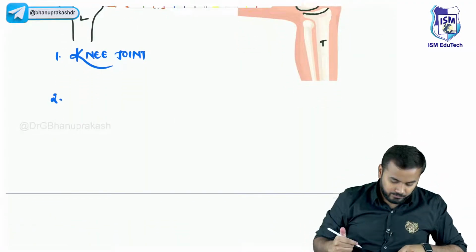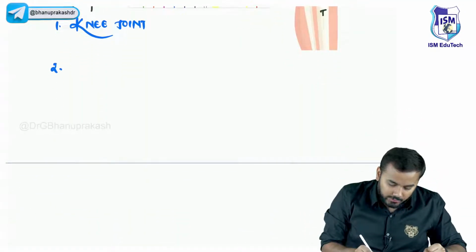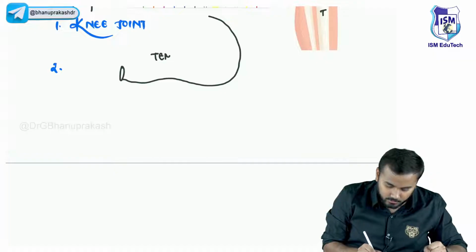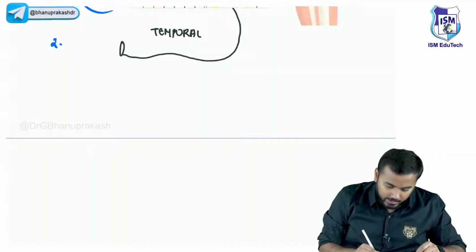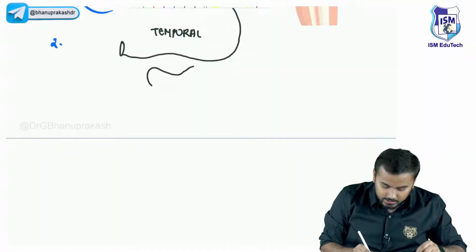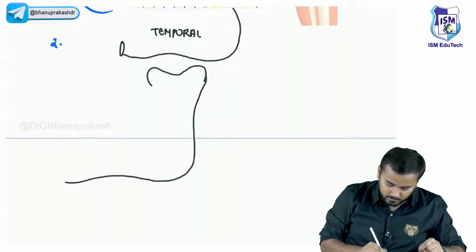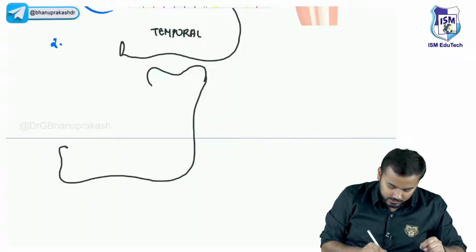Chalo. So this is what I was trying to tell you, that here this is a temporal bone. And let us say that here this is your mandible.